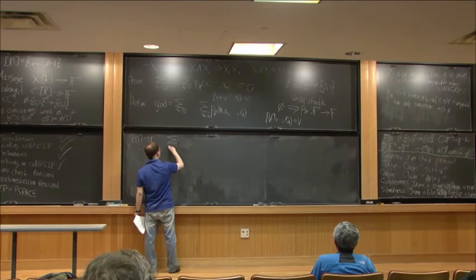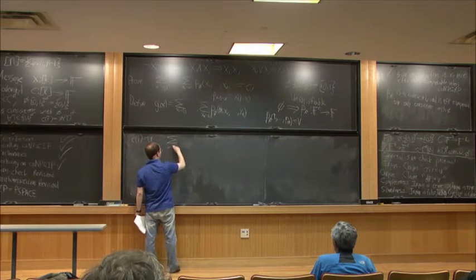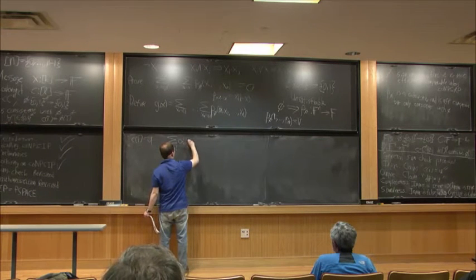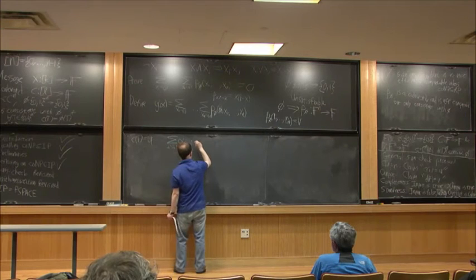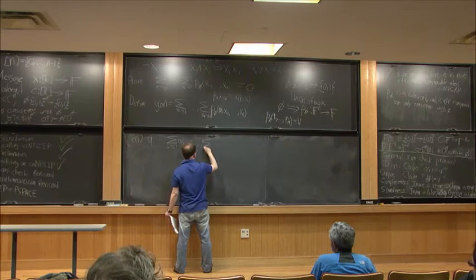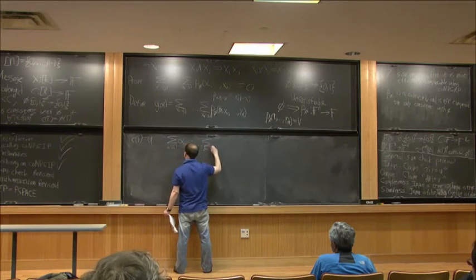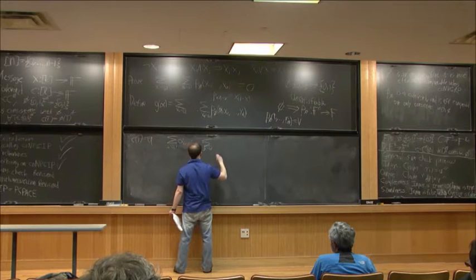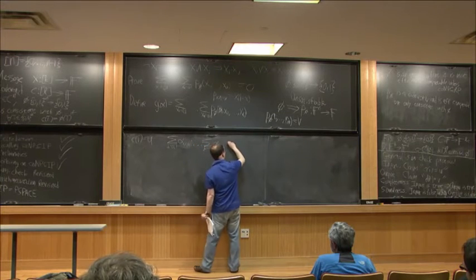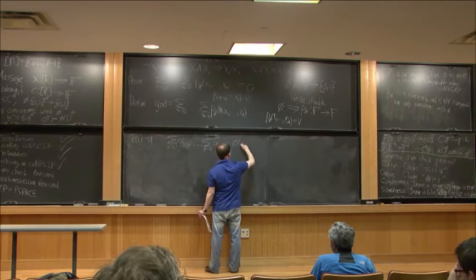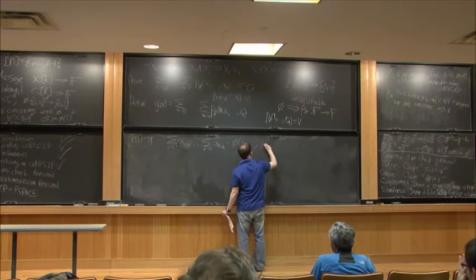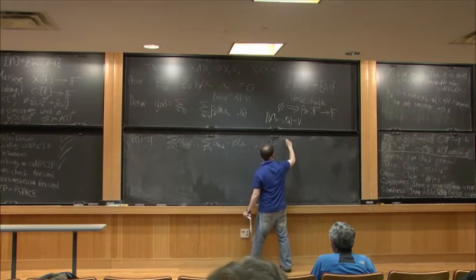Sum over J1 in {0,1} of alpha 1 J1 times, we have many summations like that until we have Jn in {0,1}, alpha n Jn times phi of J1 through Jn, equals u.